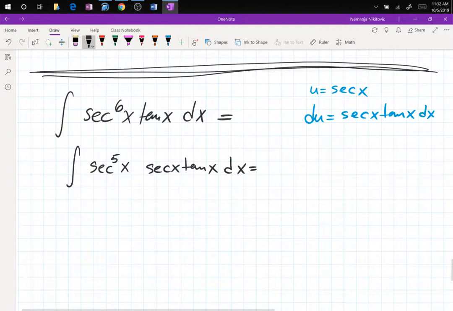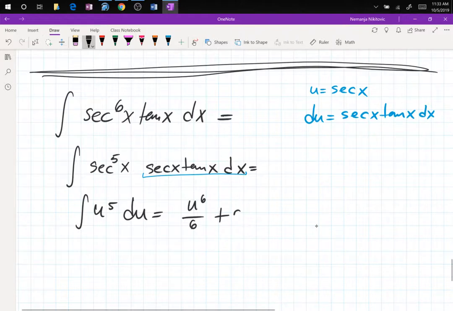So secant tangent goes in a bank for du, and now you have your integral of u to the 5 du, which is u to the 6 over 6 plus c, which is 1 over 6 secant to the 6x plus c.